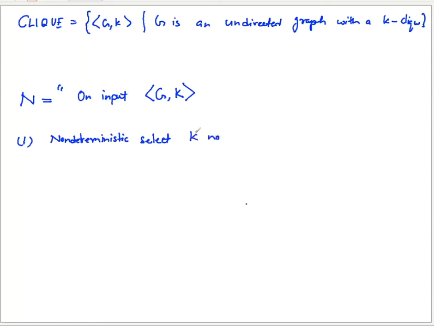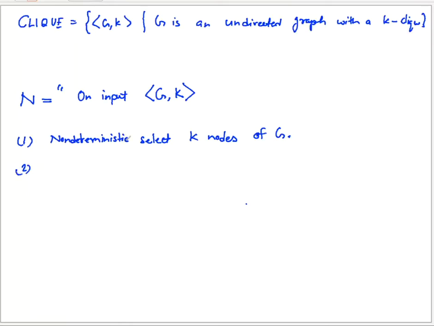So I'm going to non-deterministically select k nodes, right? I'm going to select non-deterministically k nodes of G, and these k nodes are selected non-deterministically. So step 2, what do you have to do? If you have selected k nodes non-deterministically, what tests will be required?